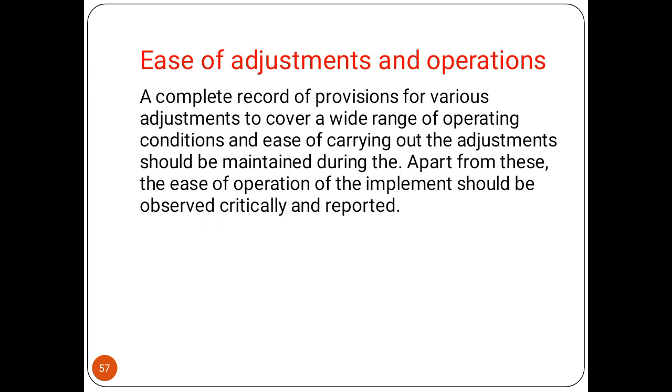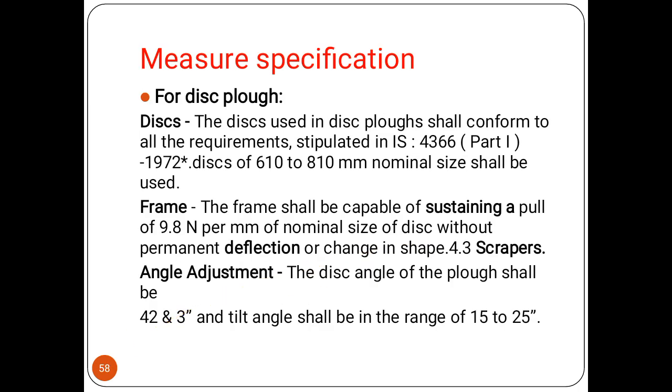Now these are the adjustments on the component: a complete record of the provision of the various adjustments to cover a wide range of operating conditions, and ease of carrying out the adjustment should be maintained during the test. Apart from this, ease of operation of the implement should be observed critically and reported.